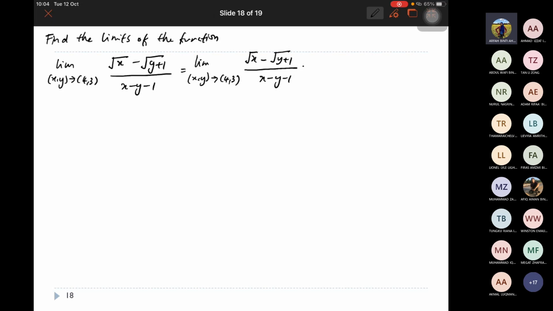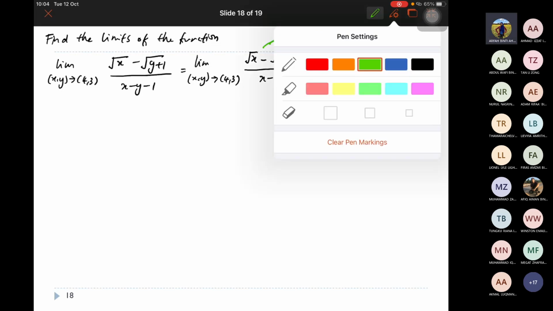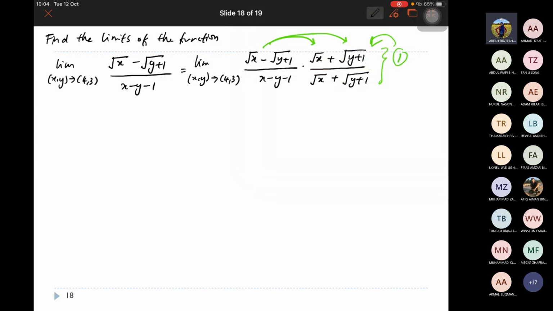So kita akan darabkan dengan square root x square root y plus 1 divide by square root x plus square root y plus 1. Dia sebenarnya satu. Kita nak menghapuskan dia punya square root yang atas ni. So nanti bila awak darabkan, dia akan jadi terhapus dia punya square root. Dia is actually 1. Perkali yang kita tambah. Kalau ingat balik dalam engineering mathematics 1 or calculus, ada belajar about these things.